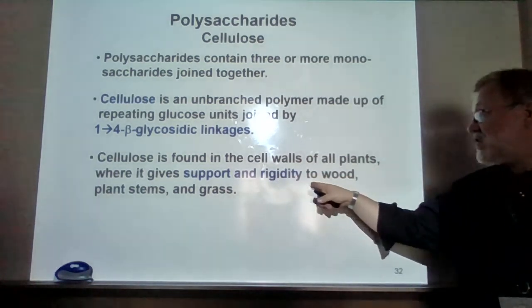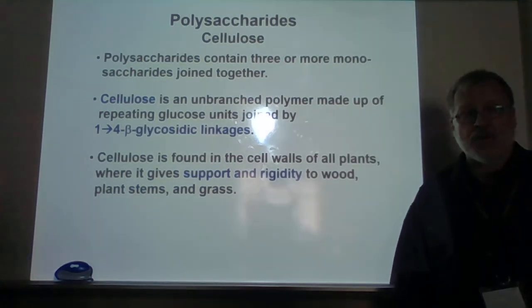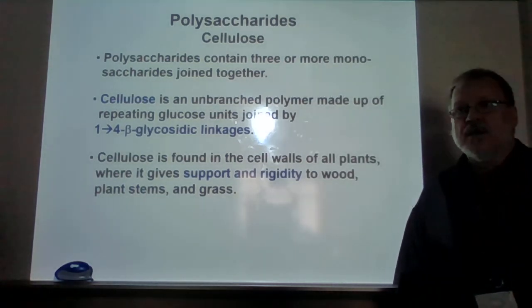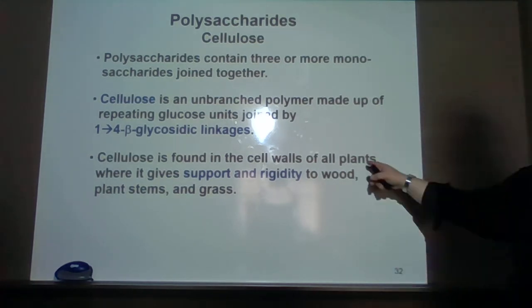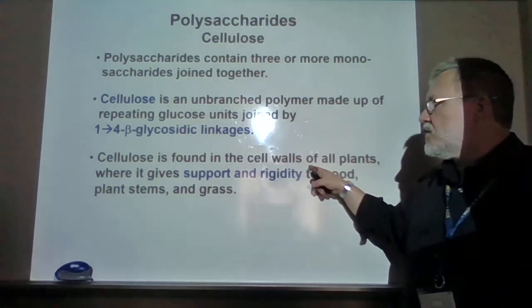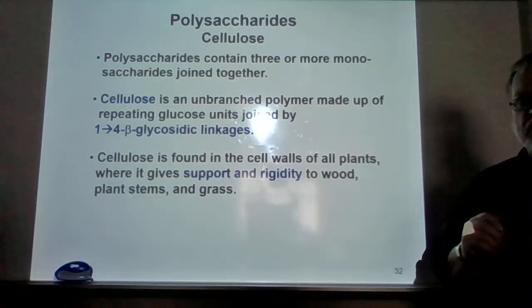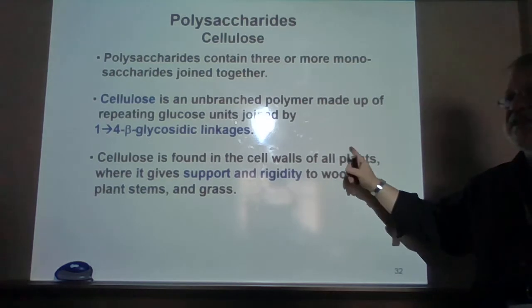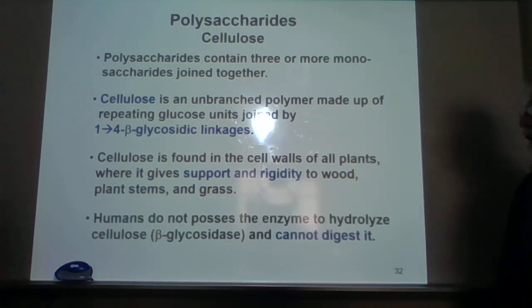So the support and rigidity of cellulose gives it very unique physical properties. There is much research in the building industry to find out how we can use cellulose as new building materials because they have very unique physical properties. Cellulose is the sugar source in plant materials.